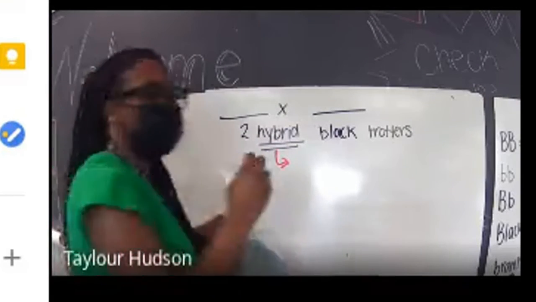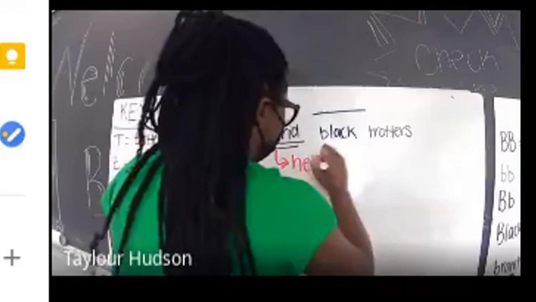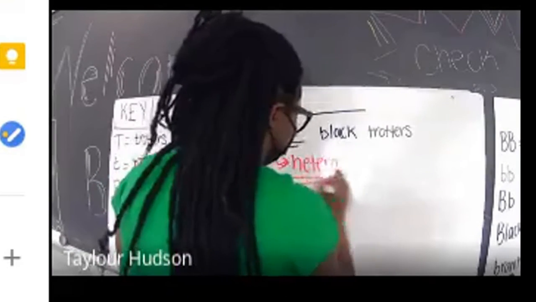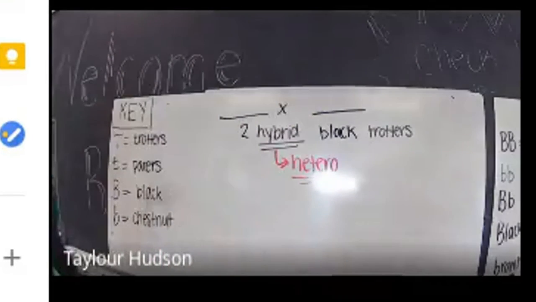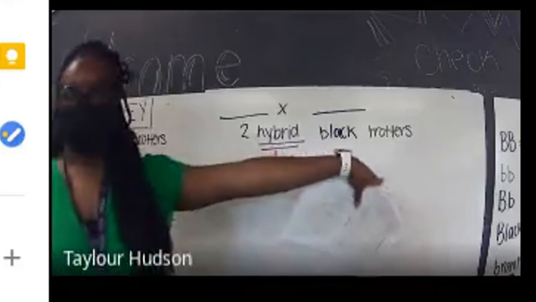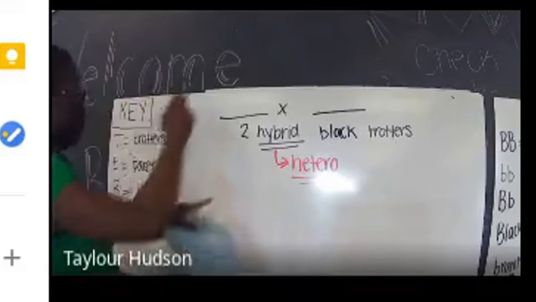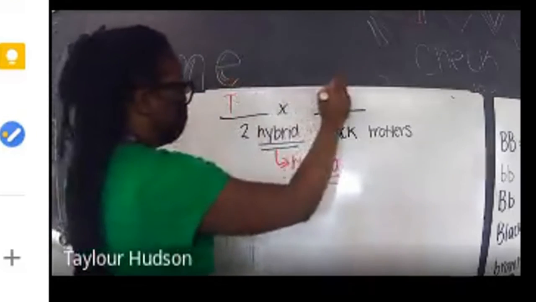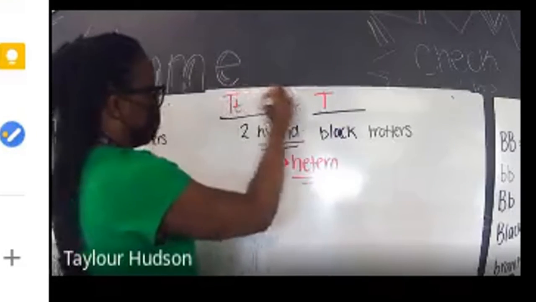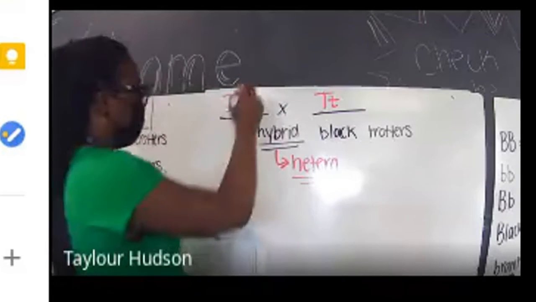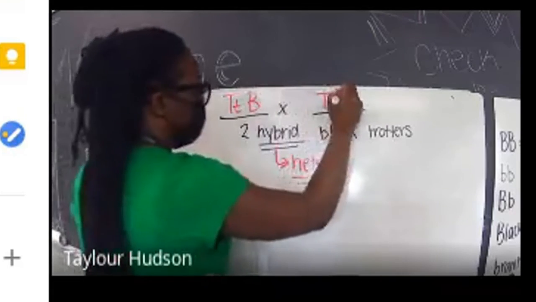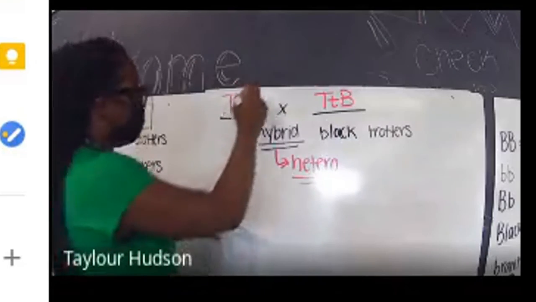Thank you, Greer. Heterozygous. So if they're hybrid for both traits, that means they're going to have a big and little letter of both letters. So they'll have a big T and a little t, a big B and a little b.